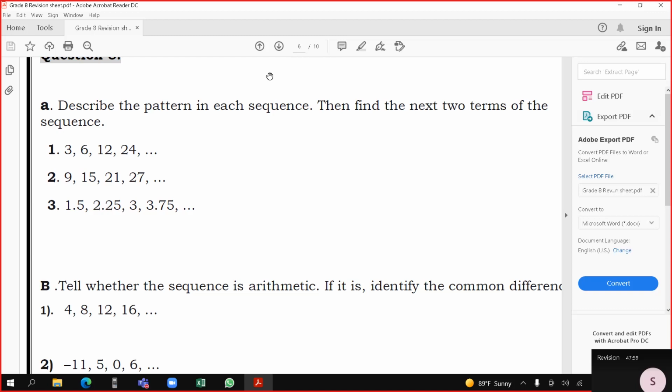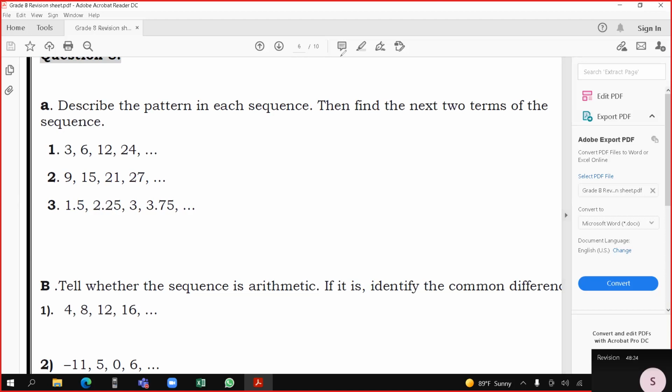Arithmetic means that the common difference of two consecutive terms is constant. And geometric means the ratio of two consecutive numbers is constant.